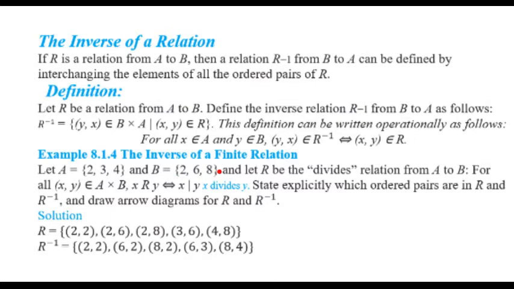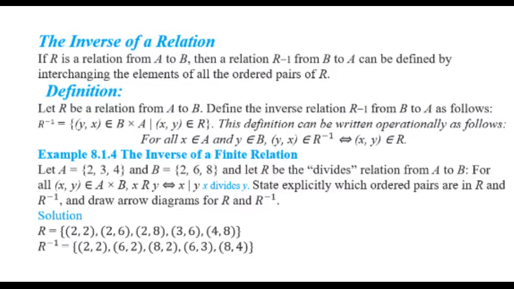Because all the elements of B are even. However, 3 as another element of A only divides 6, and 4 only divides 8. So we have a total of 5 elements for relation R. The first one is (2, 2), then (2, 6), (2, 8), (3, 6), (4, 8).